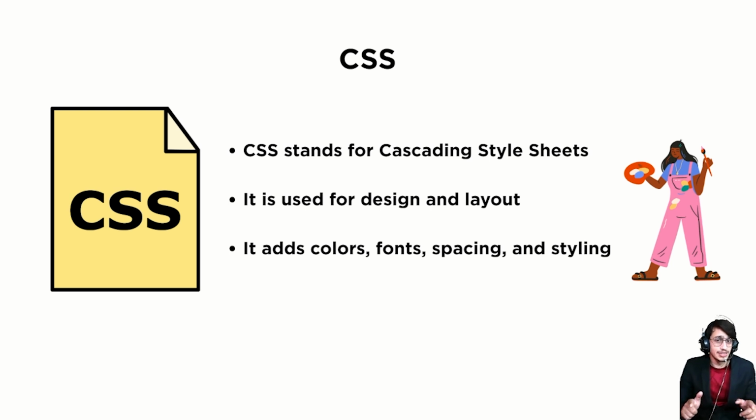But of course, CSS is a painter, so it can't exist if there is no HTML. HTML can exist without CSS and JS, but CSS and JS can't exist without HTML. You need an HTML file and a CSS file, then it will be a colorful house. It has color, font, spacing, styling, and everything to make the website aesthetic.